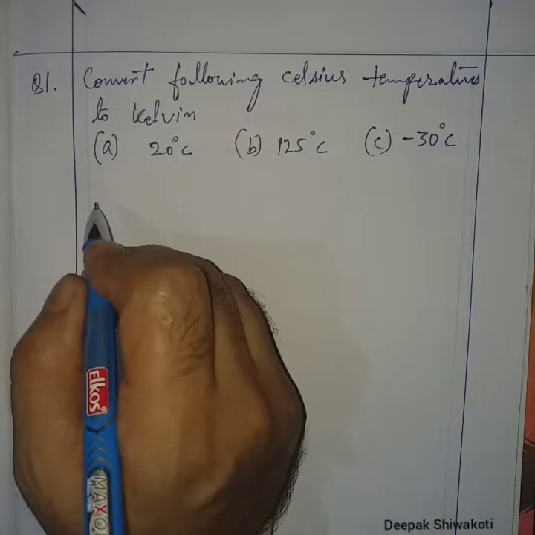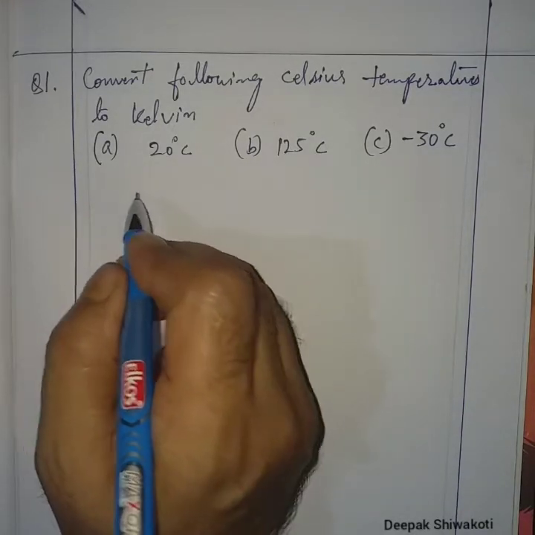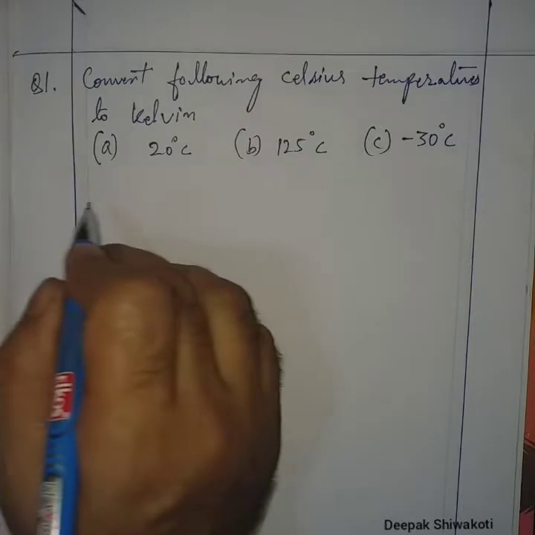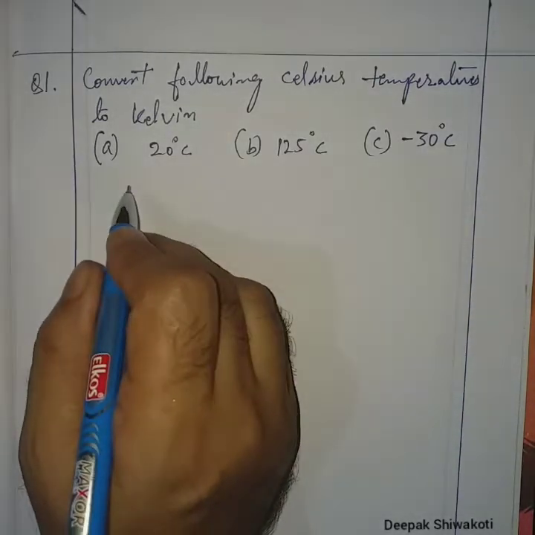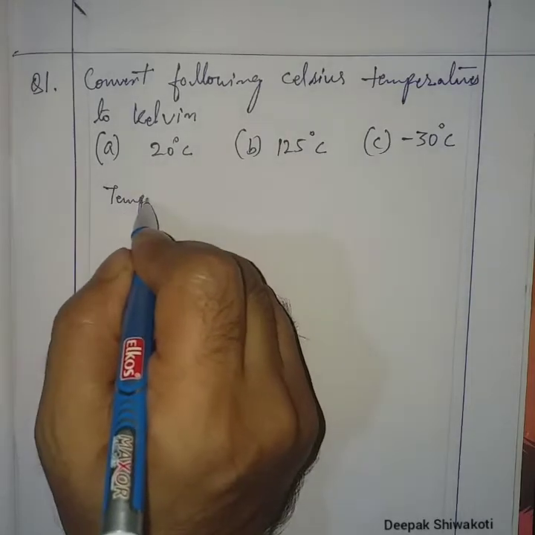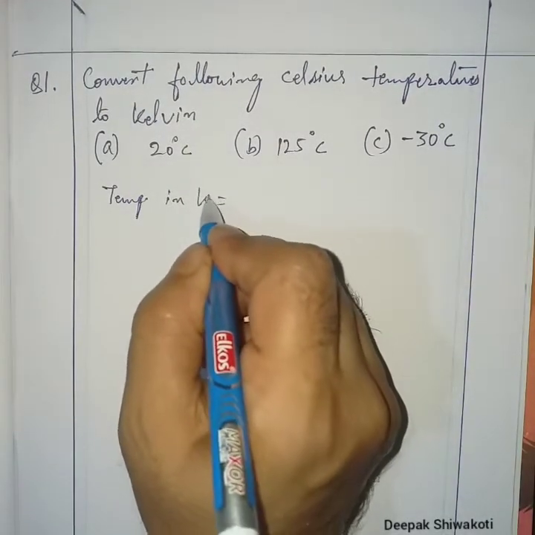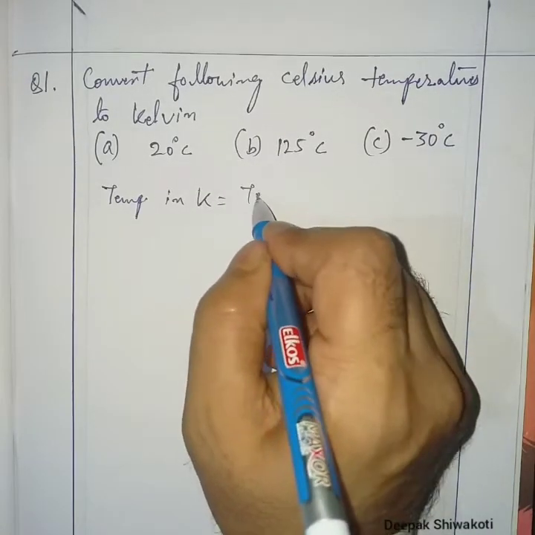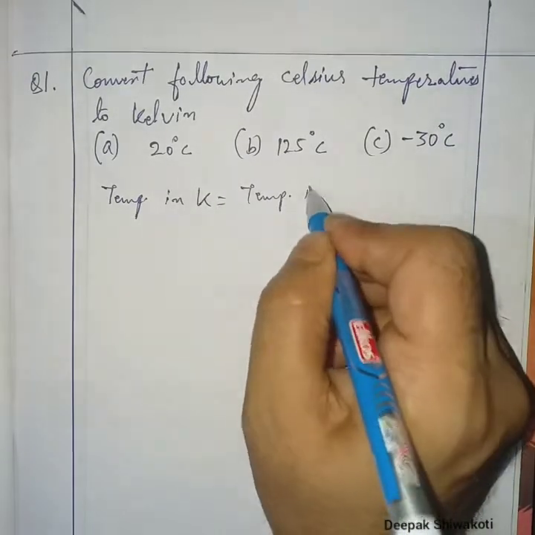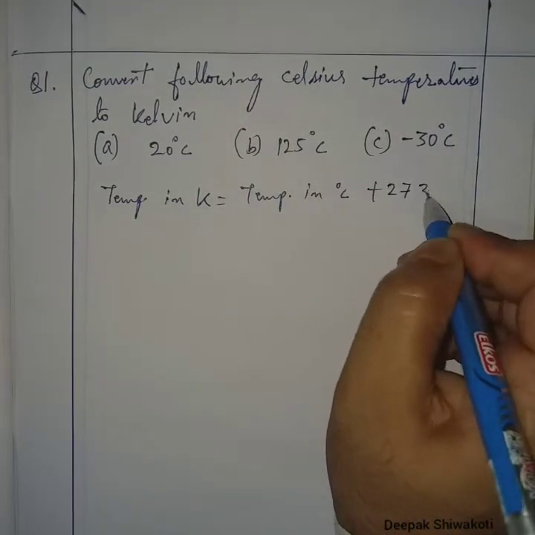We know the conversion expression for centigrade to Kelvin: temperature in Kelvin will be equal to temperature in degree centigrade plus 273.